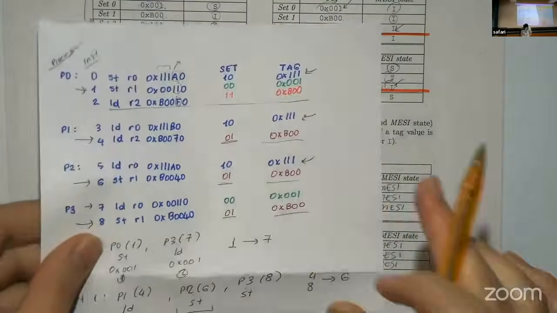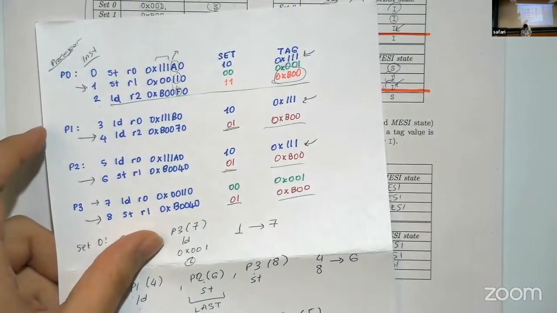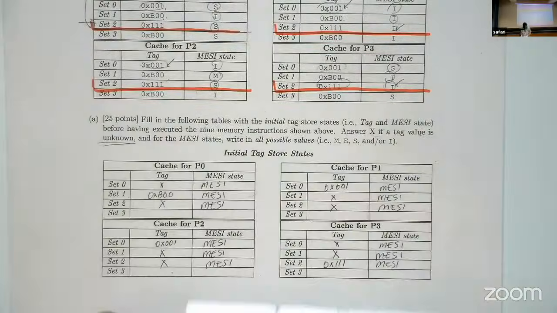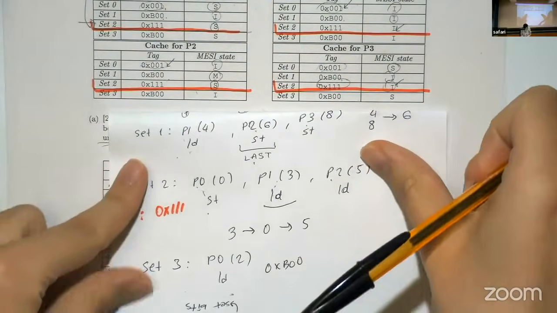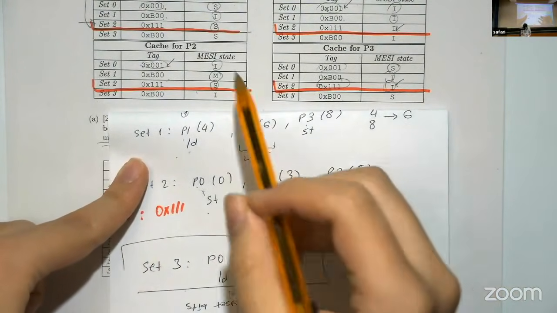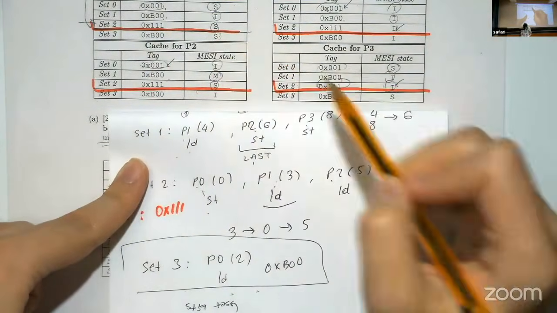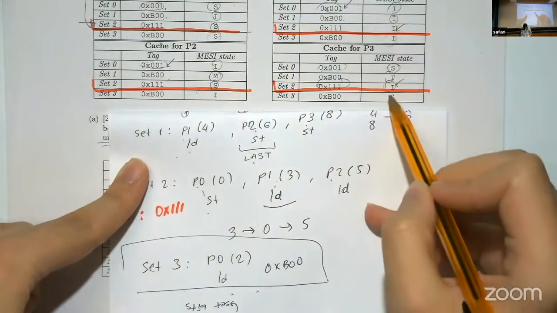We also need the tag for this. Okay, right. So we are doing this one. Let's check the final states. So this is shared, this is invalidated and shared.